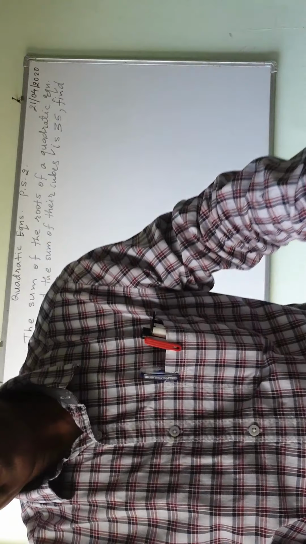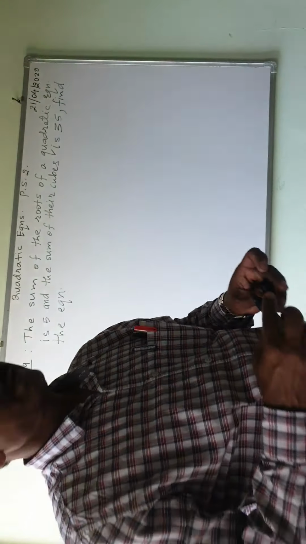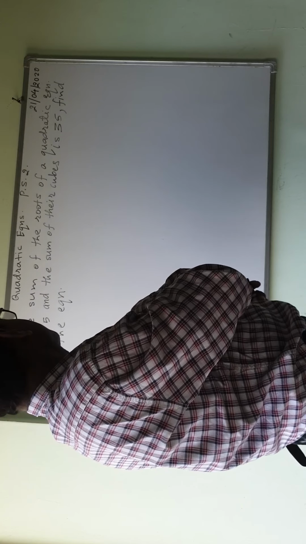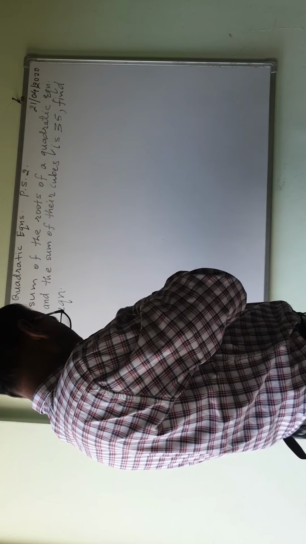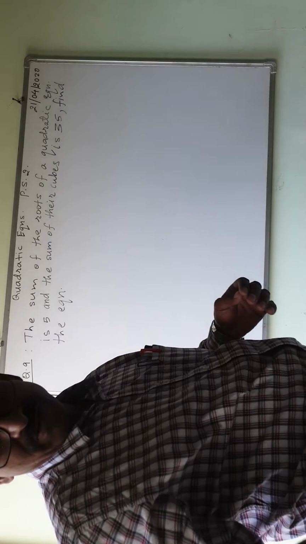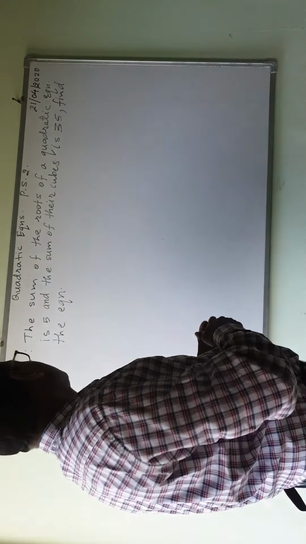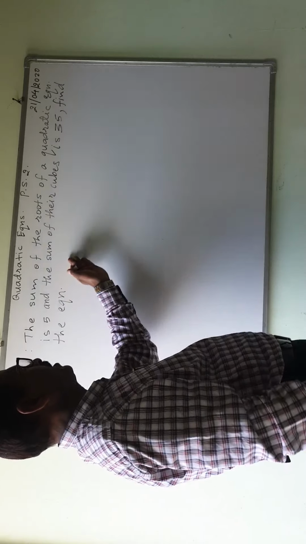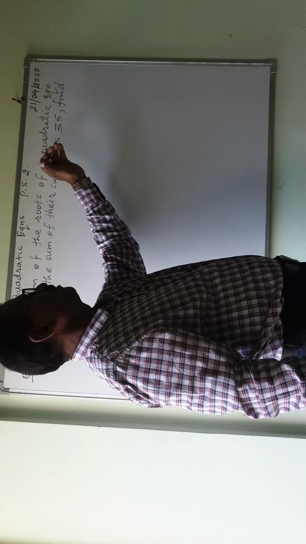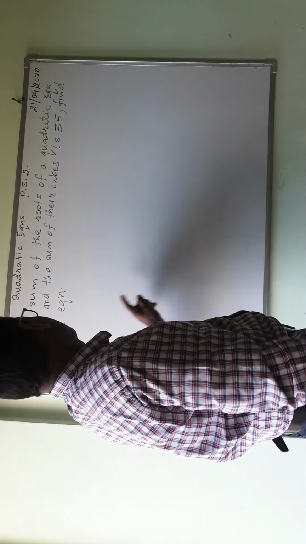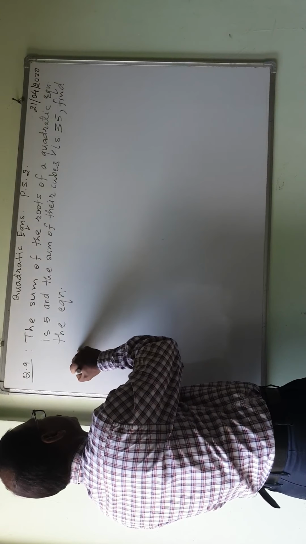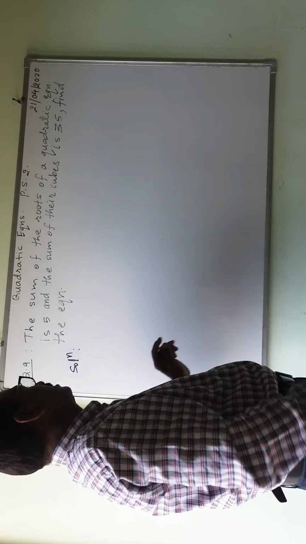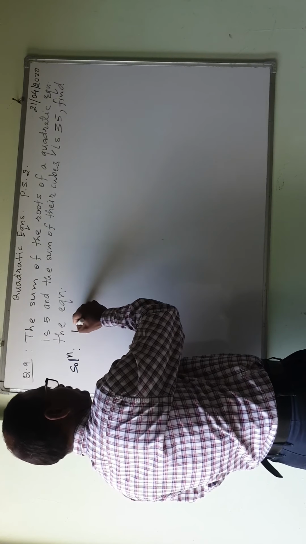Now in this, what is given? The sum of the roots of a quadratic equation is 5. Means if the roots are alpha and beta, then their sum will be 5. And the sum of their cubes means alpha cube plus beta cube is 35. Find the equation. Solution. Let the roots be alpha and beta.